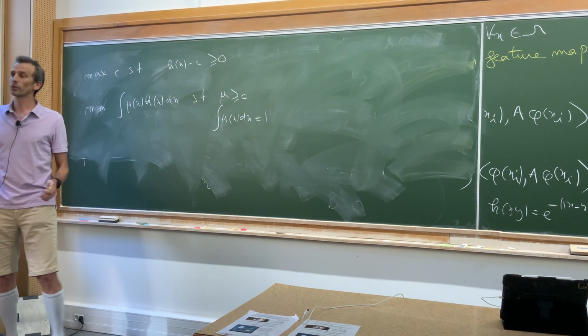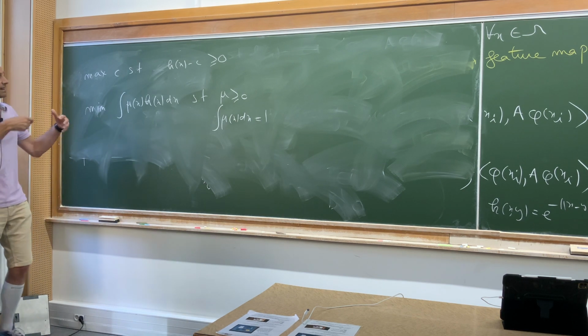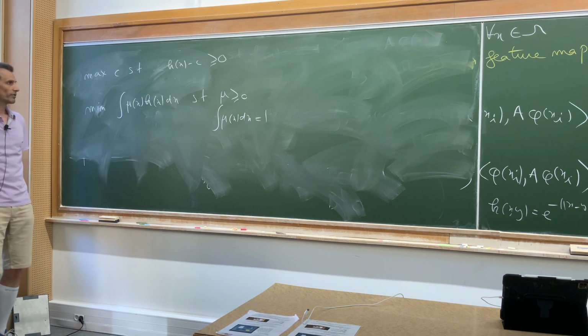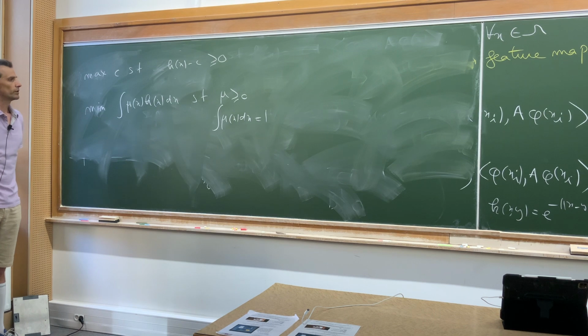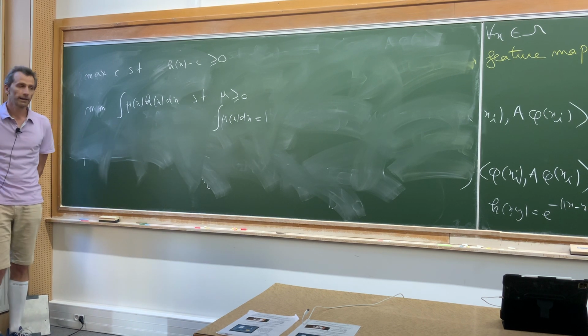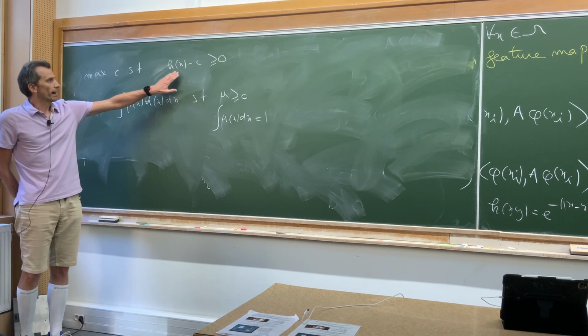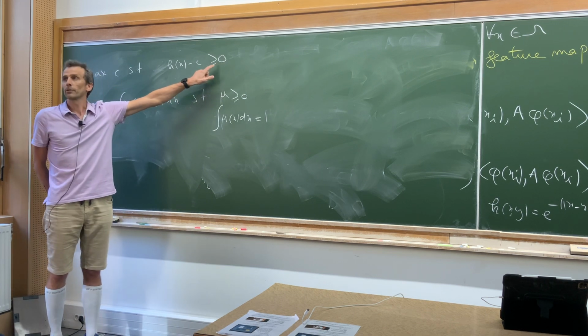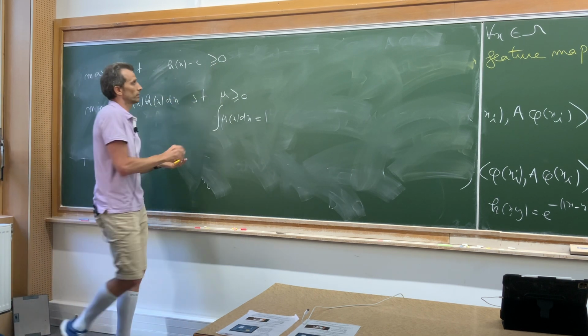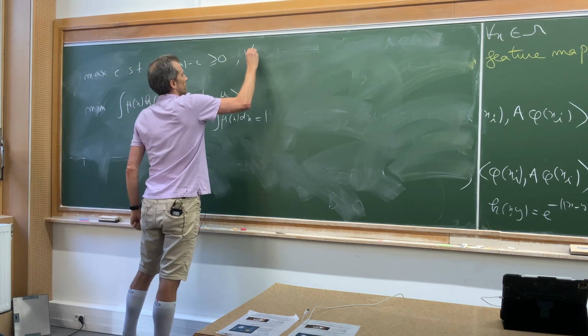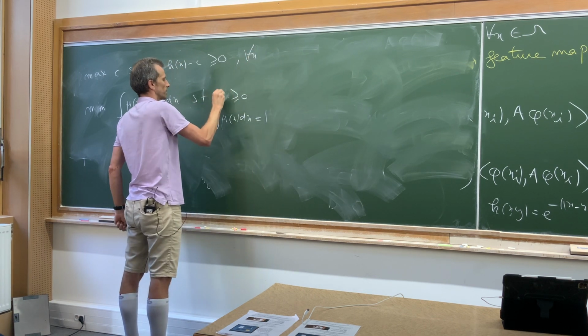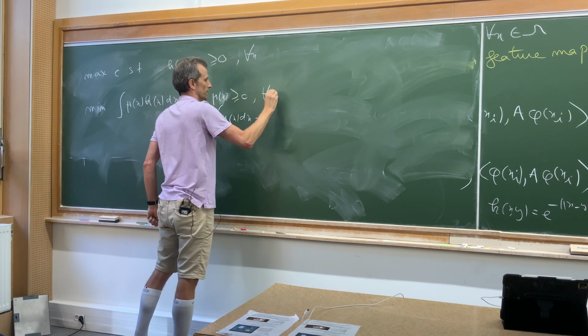So this was the primal-dual formulation, which was the direct representation of minimization of h, and the two of them have a similar structure. They have some inequalities which are satisfied for all x. So this is for all x, and this is mu of x for all x.